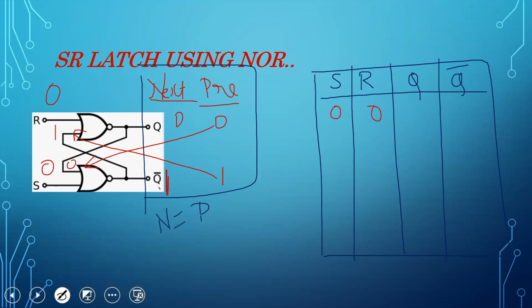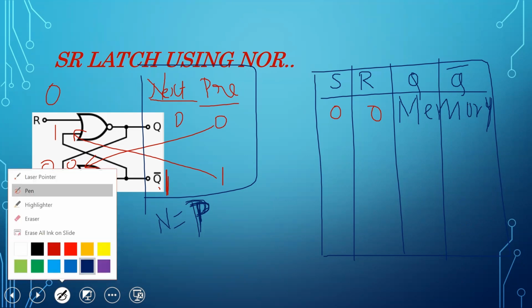At this condition, the SR latch using NOR acts as memory when S is 0 and R is 0. So it is opposite to the previous condition, I mean when the SR latch is built using NAND gates.